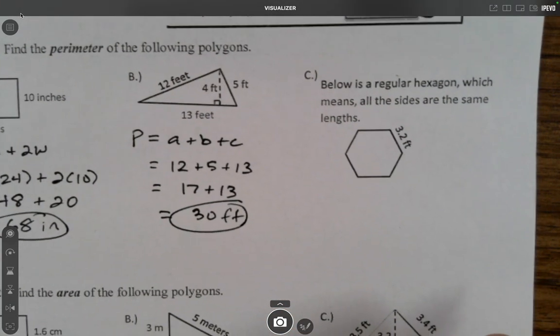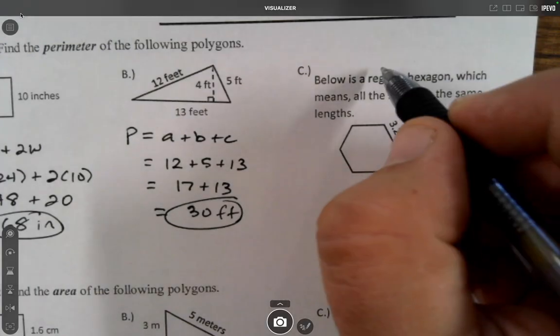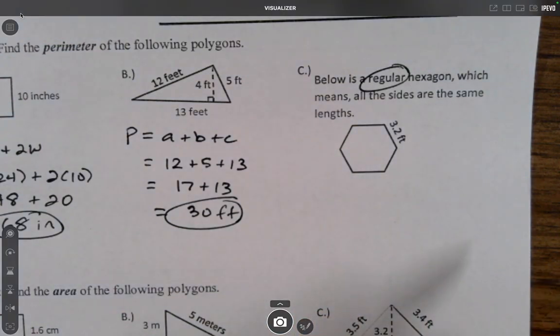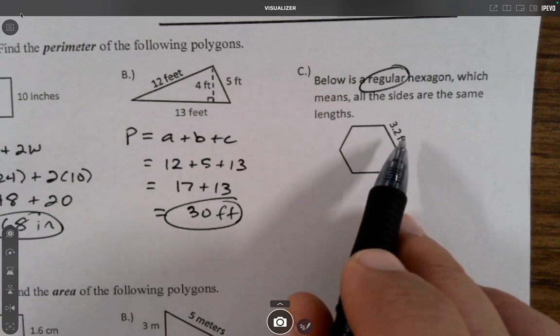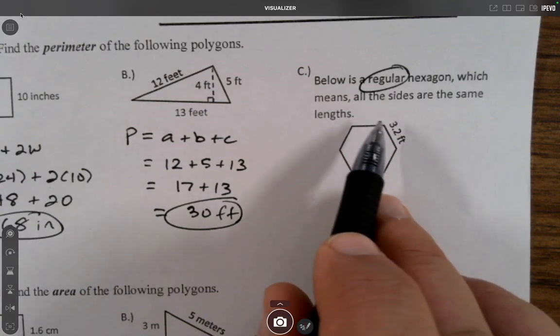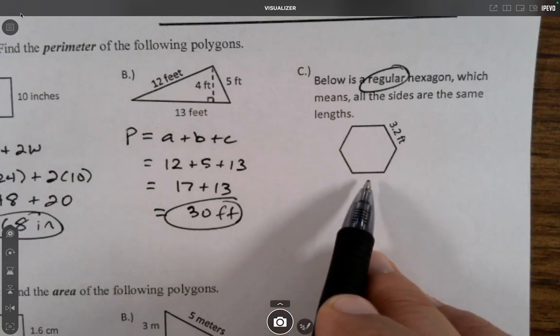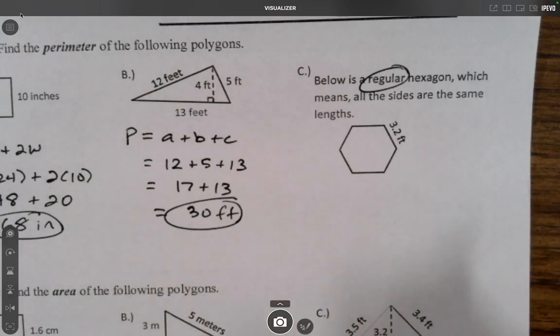Okay, now here's a different shape. It says a regular hexagon, and the word regular is what makes it mean all the sides are the same lengths. So what would be easier on this one, you can just add 3.2 plus 3.2 plus 3.2 plus 3.2 plus 3.2 plus 3.2. But I know how boring that was for me to even say, so I'm sure it was boring to listen to, and it'd be a long time to write all that.